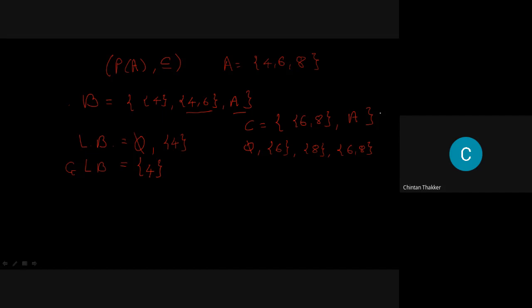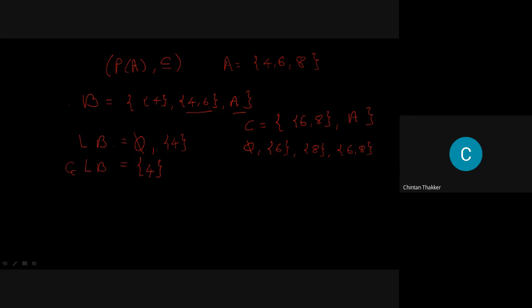Now, which one is the greatest lower bound from these 4? The greatest lower bound is {6, 8} because phi is a subset of {6, 8}, singleton 6 is also a subset of {6, 8}, and singleton 8 is a subset of {6, 8}.